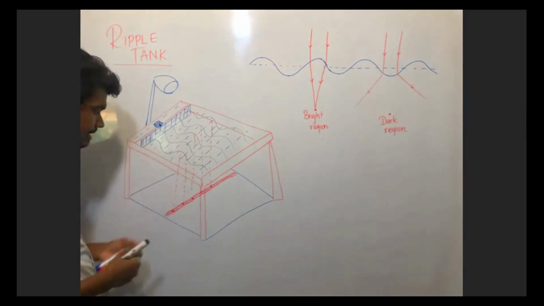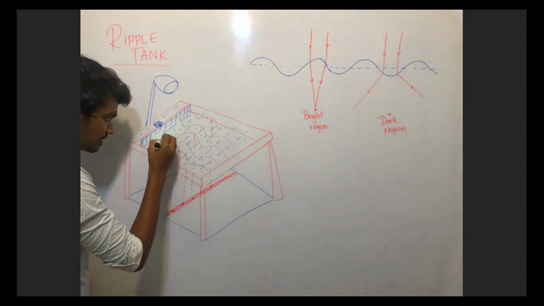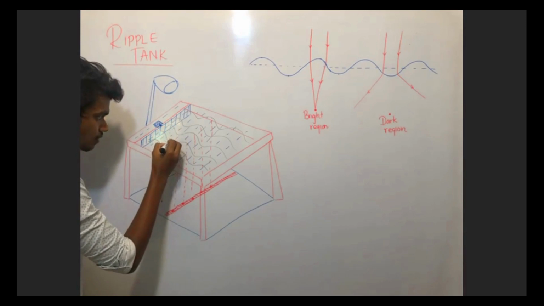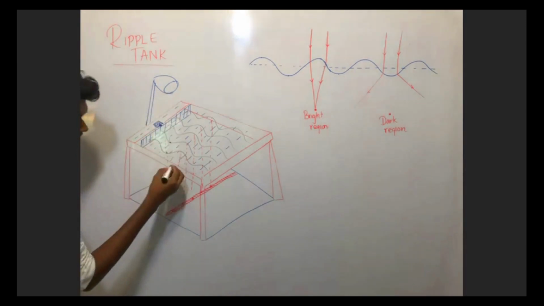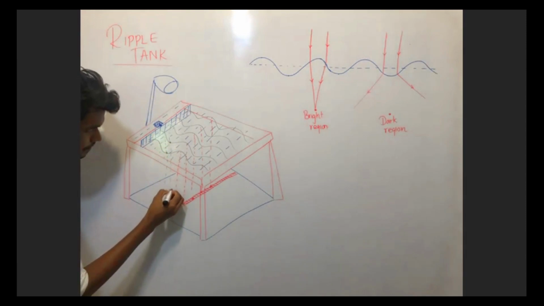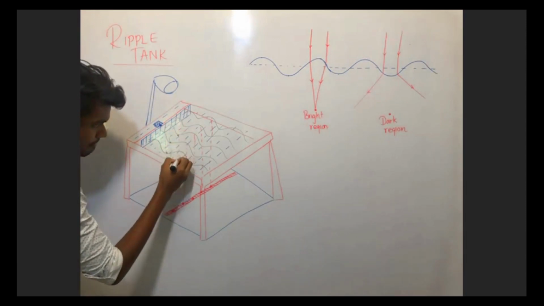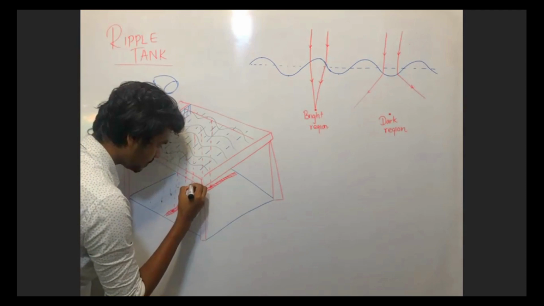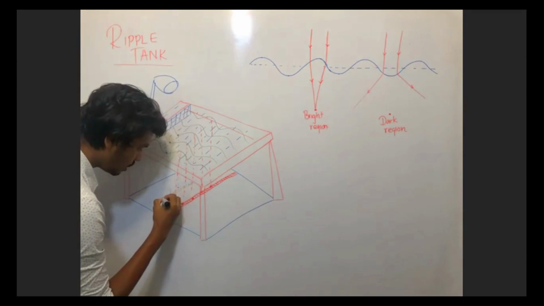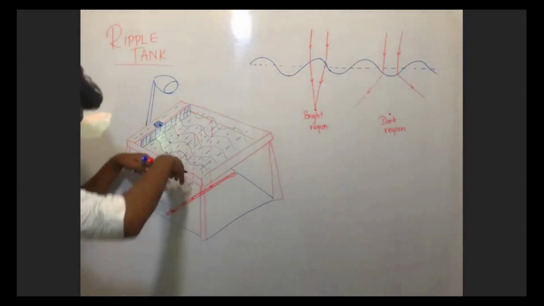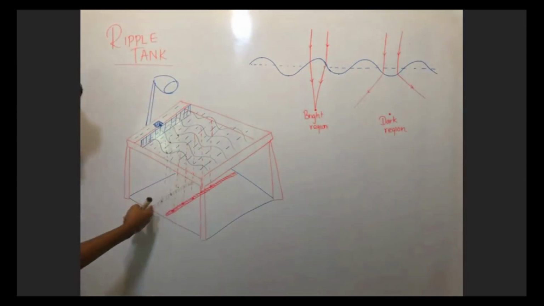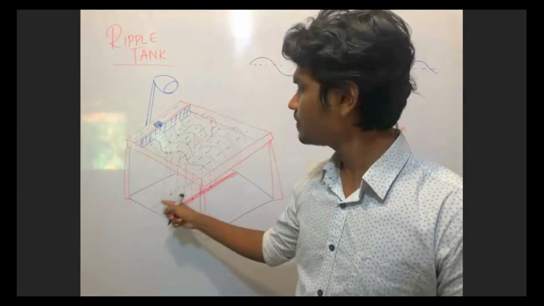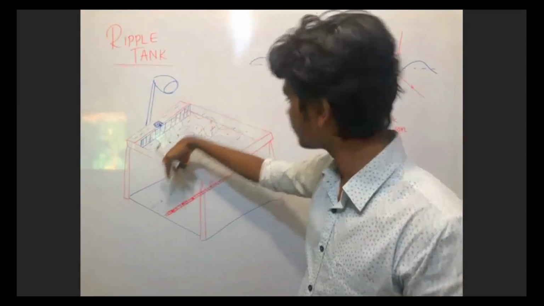The light that falls onto troughs, once again they will form a dark region, because the light is not going to come down, it's going to diverge out, which means there's no light in this region directly below the troughs.